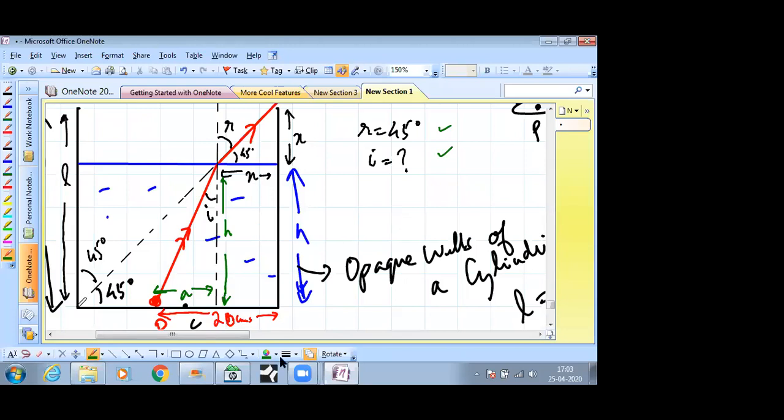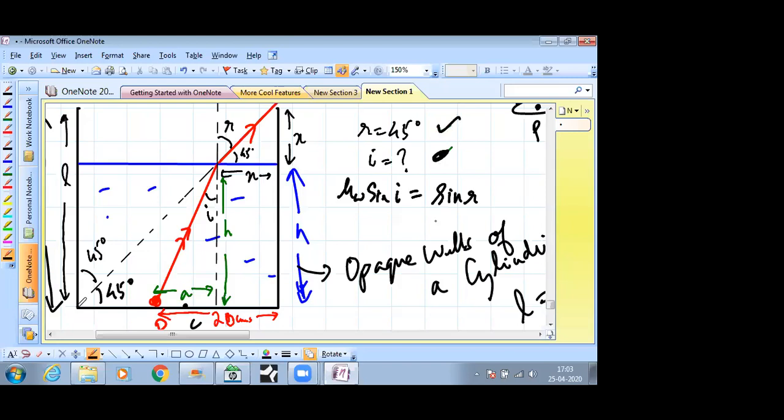So by application of Snell's law next, you see over here we get mu of water into sin I is equal to sin R. Okay. This too we have to find out.